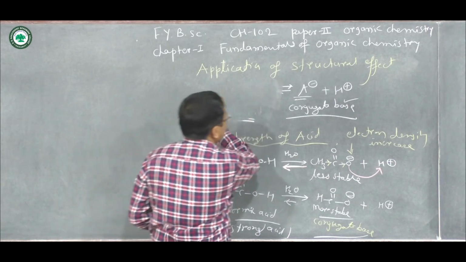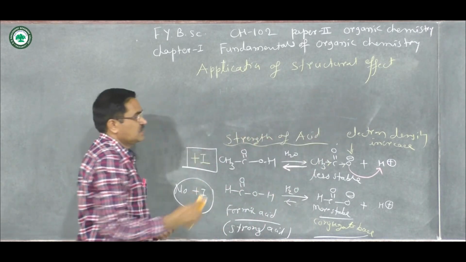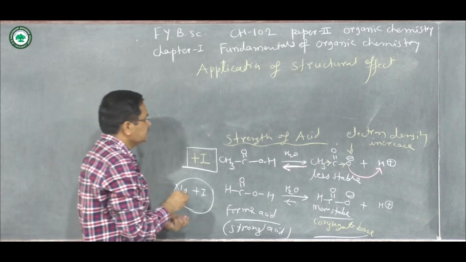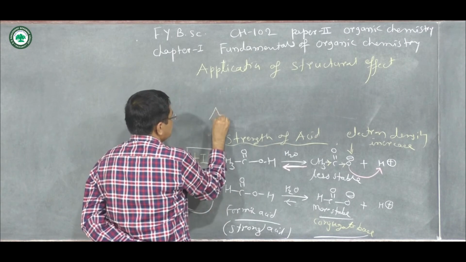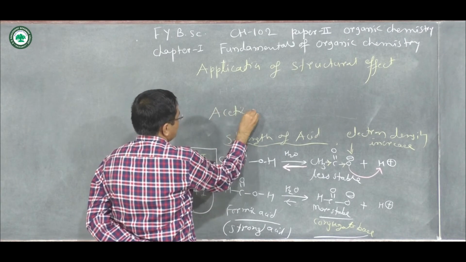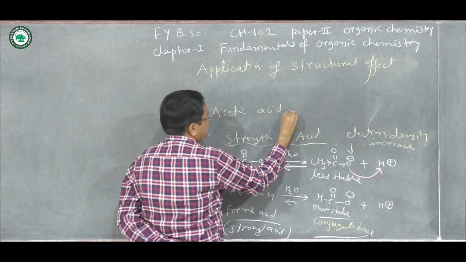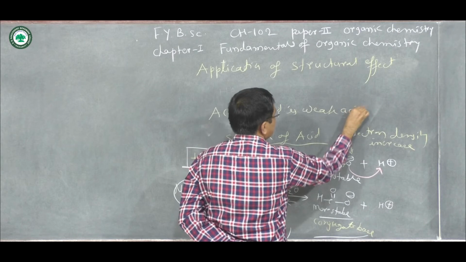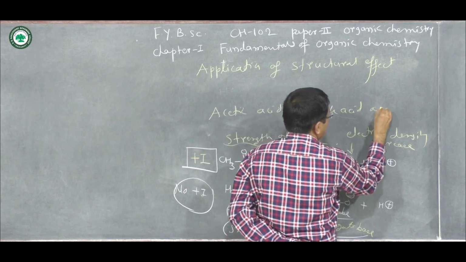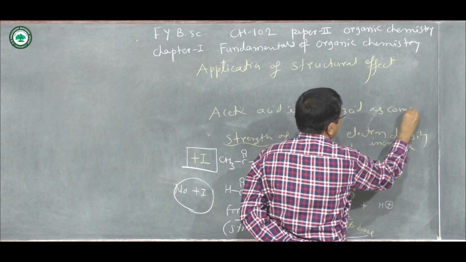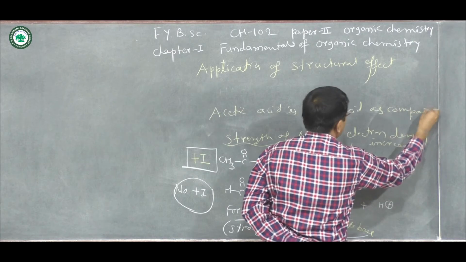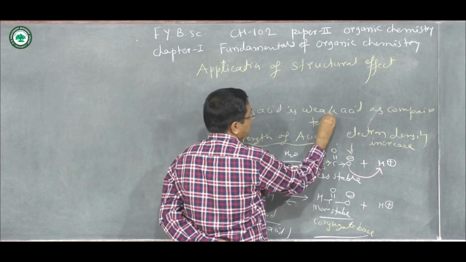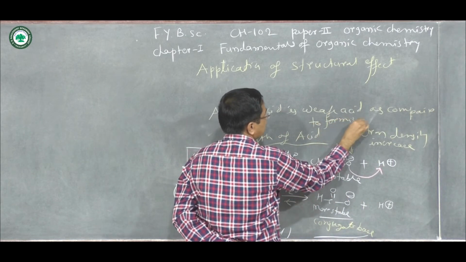Means we can write the title here: acetic acid is a weak acid as compared to formic acid.